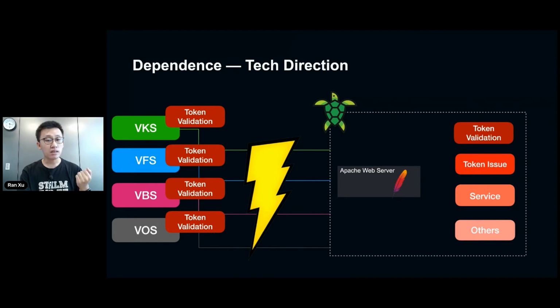After that, the token validation load of the Keystone service will also decrease dramatically, because the client will never access the Keystone service for token validation, right?